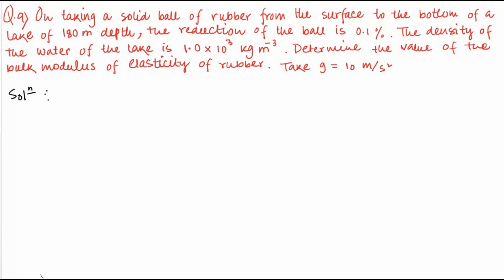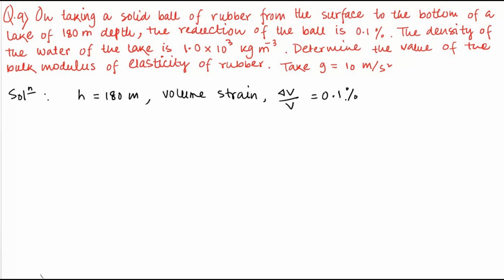So first, the height of that lake, or depth, is 180 meter. The reduction of the ball, that means they're talking about volume strain. So volume strain means delta V upon V is equal to 0.1%.